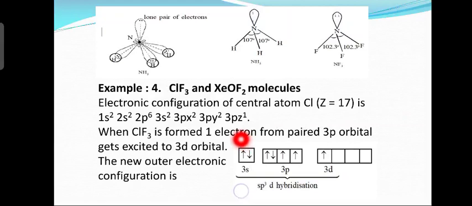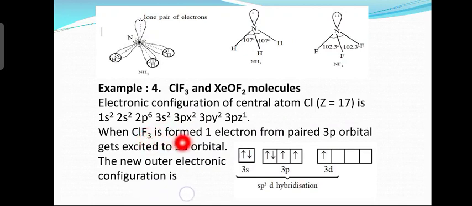The outer electronic configuration is 3s2, 3p2x, and then 3p1y is there, as one electron has gone into the 3d orbital. Therefore you have 3py1, 3pz1 and 3d1. This box diagram is given in the excited state, and the earlier configuration is in the ground state.